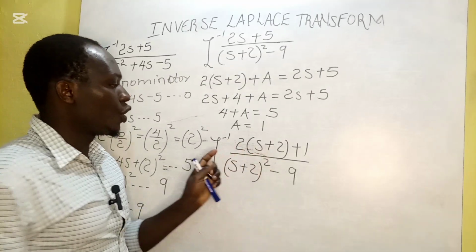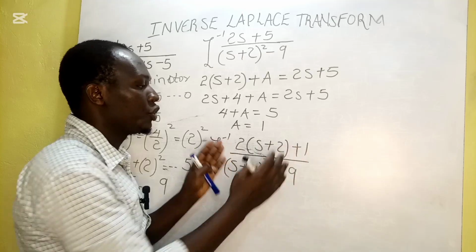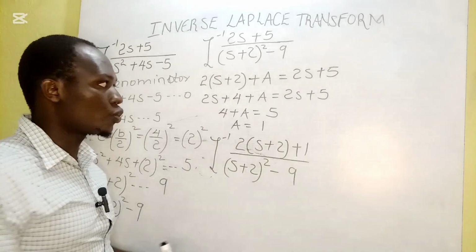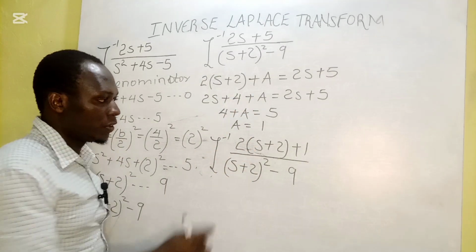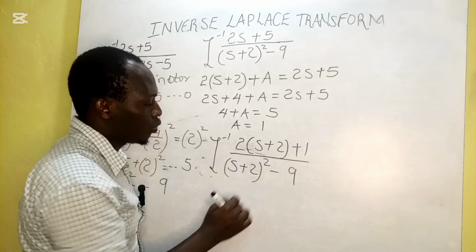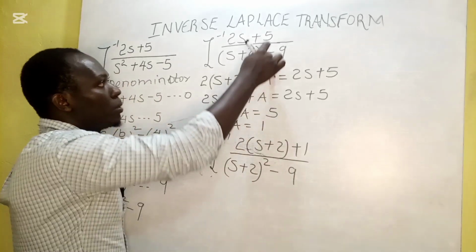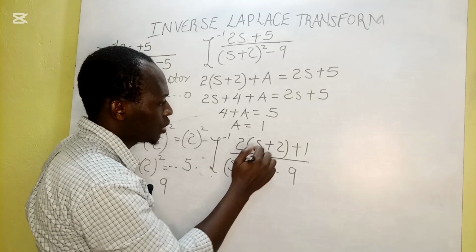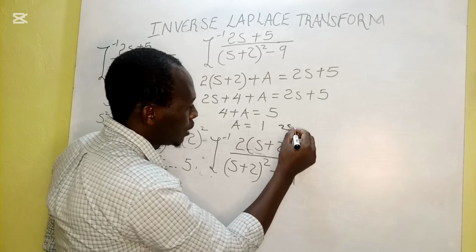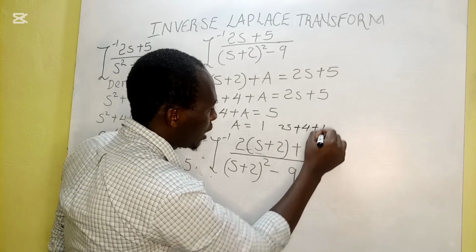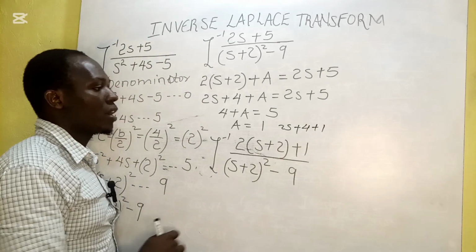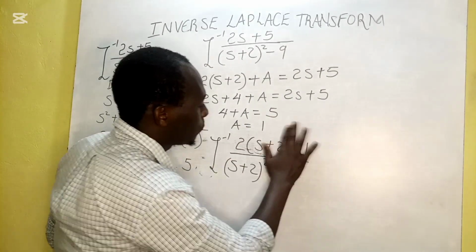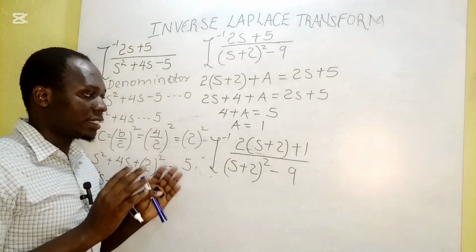Up to this point, we've only rewritten the numerator with respect to our shifting. That is the reason why we must work this part. Now, when you check whatever we are having here on our numerator, if you work it out, you must get whatever we are having here. Let us check. When you multiply this one by this, we are going to have 2s plus 4 plus 1. And when you simplify whatever we are having here, you must end up at that point. That one means that whatever we are having on the numerator is right.